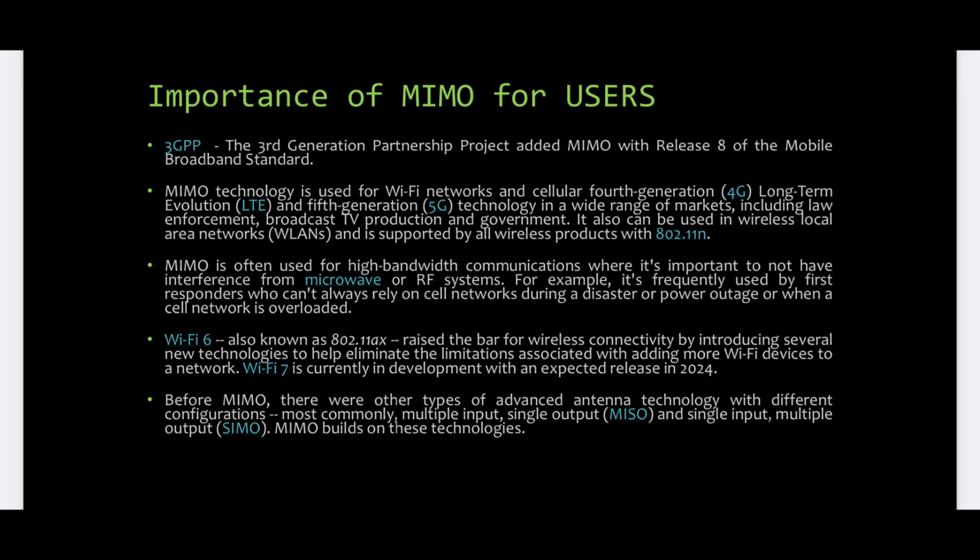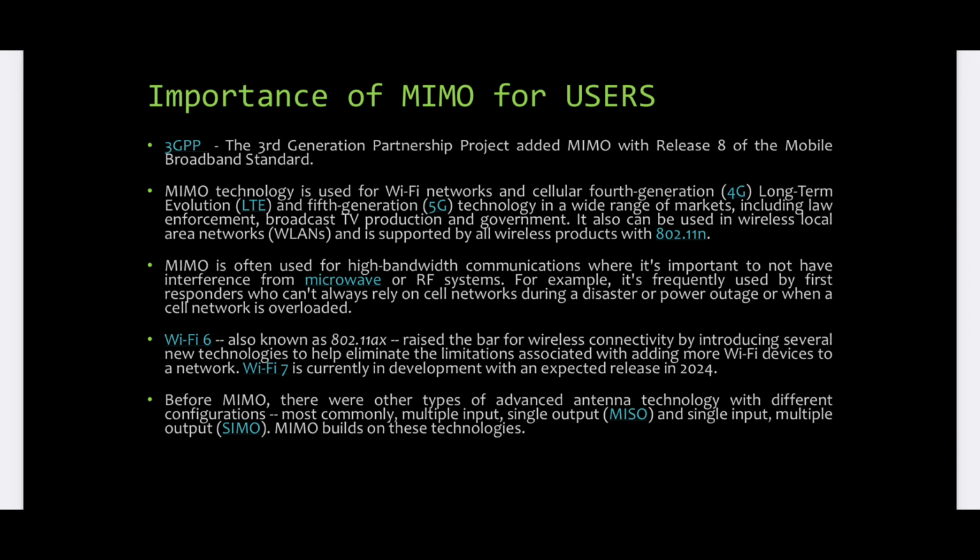MIMO is often used for high bandwidth communications where it's important to not have interference from microwave or radio frequency systems. For example, it's frequently used by first responders who can't always rely on cell networks during a disaster or power outage, or when a cell network is overloaded.